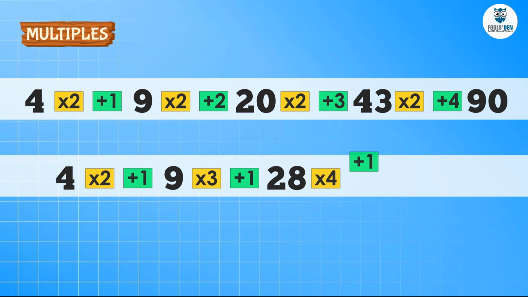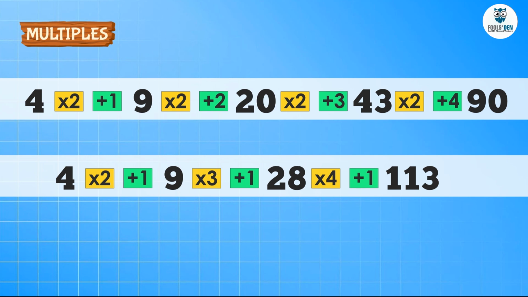Into 4 plus 1, 113. Here if you see, the multiple itself is getting changed. That is, we are not keeping it constant at 2, but we are rather changing it 2, 3, 4 and so on.